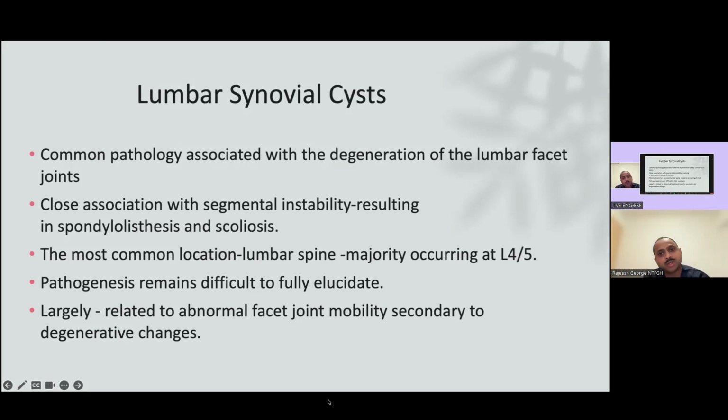The most common location of the cyst, you all know, is the lumbar spine, at the lumbar 4-5 level, where there is maximum movement. The pathogenesis remains difficult, but largely it is related to abnormal facet joint mobility, which is obviously secondary to degenerative changes.